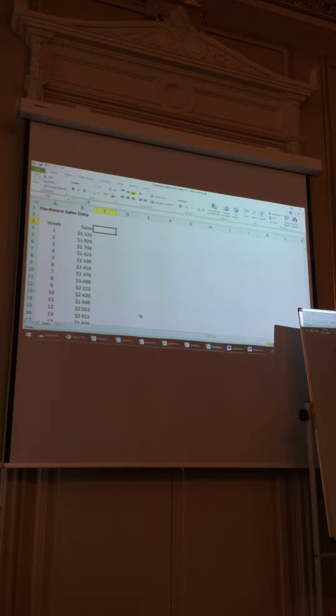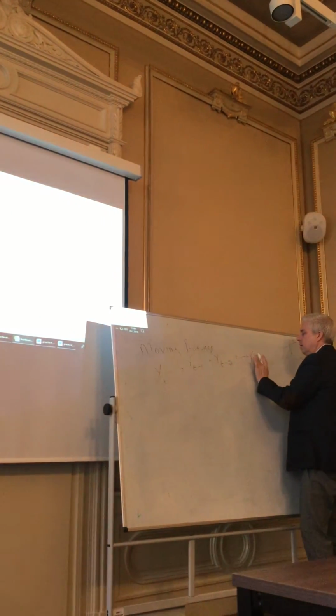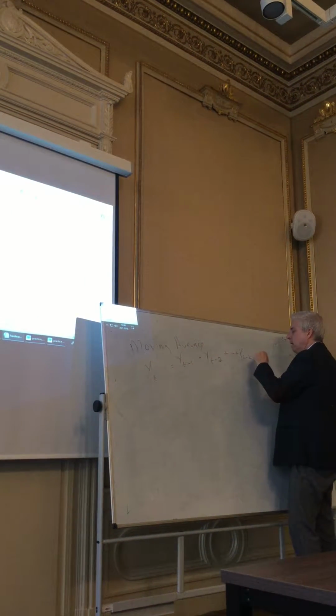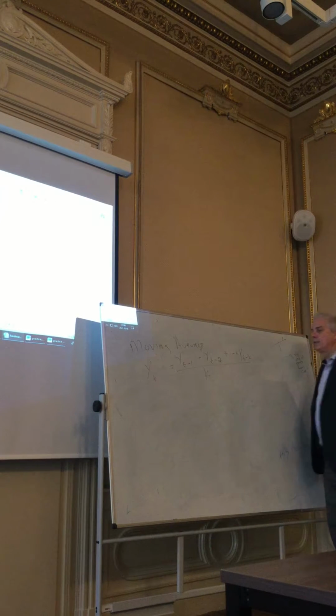The idea of these methods is we're going to use information in the Y's to predict the Y's. So if I'm doing a moving average for period t, I'm going to use the y from period t minus 1, the y from period t minus 2, and so on up to the y from period t minus k. The notation here is a little annoying. And I'm going to divide that by k because there are k y's in that list.